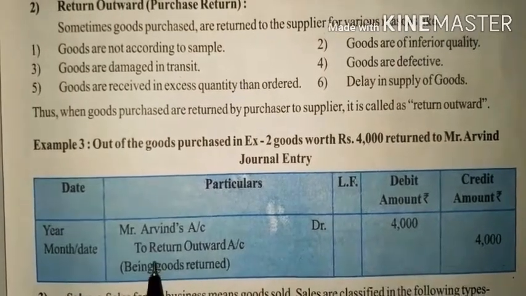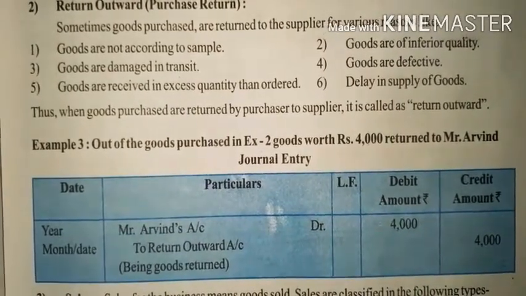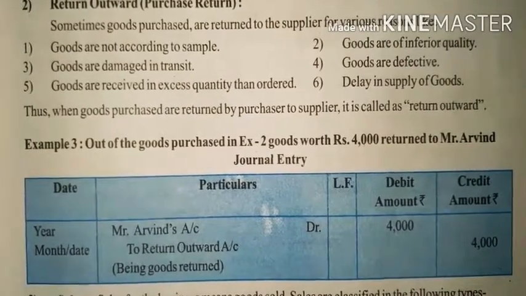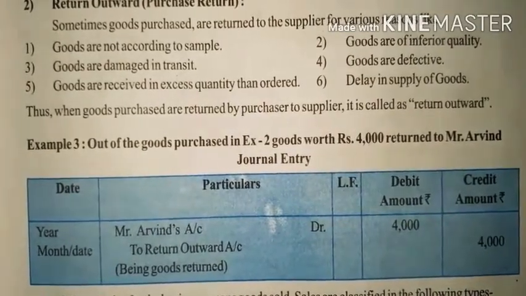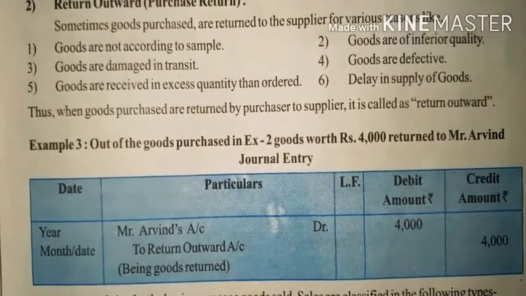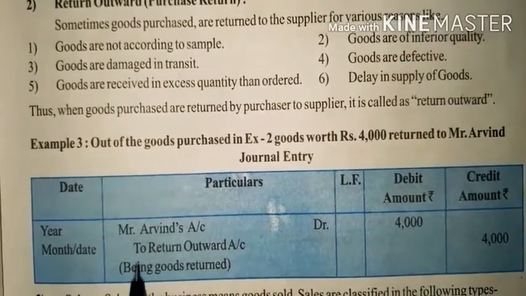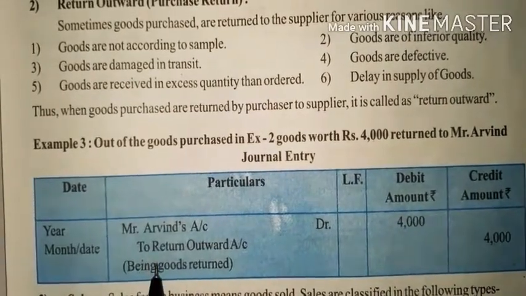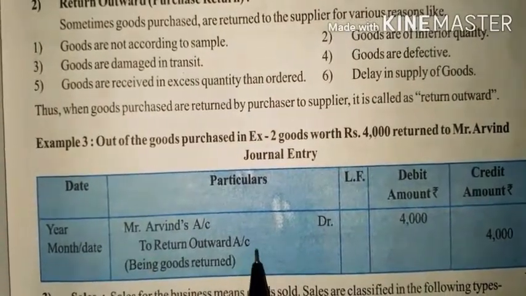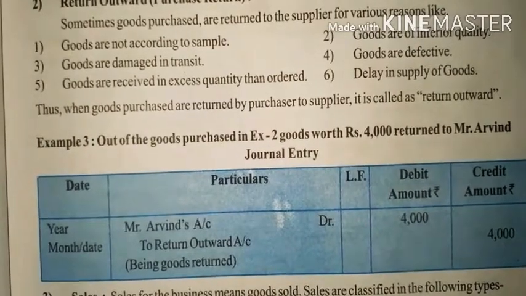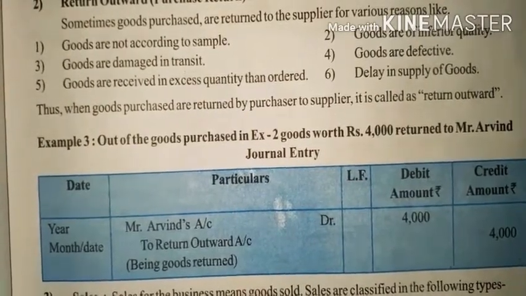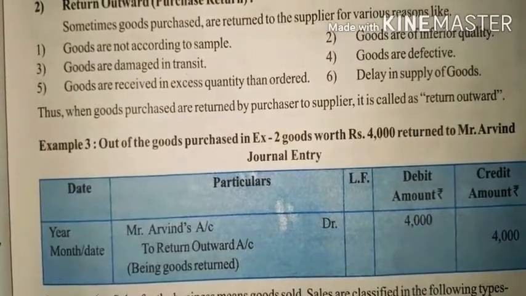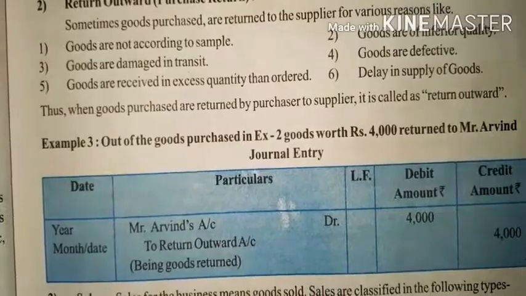So this return outward is going to be an income for the buyer, not for the supplier. But what is being returned? Goods are being returned back. So you have to write down the return outward account over here, or the purchase return account. This is going to be the credit effect. So the amount you write in the credit column, being goods returned. This is how the whole transaction works.